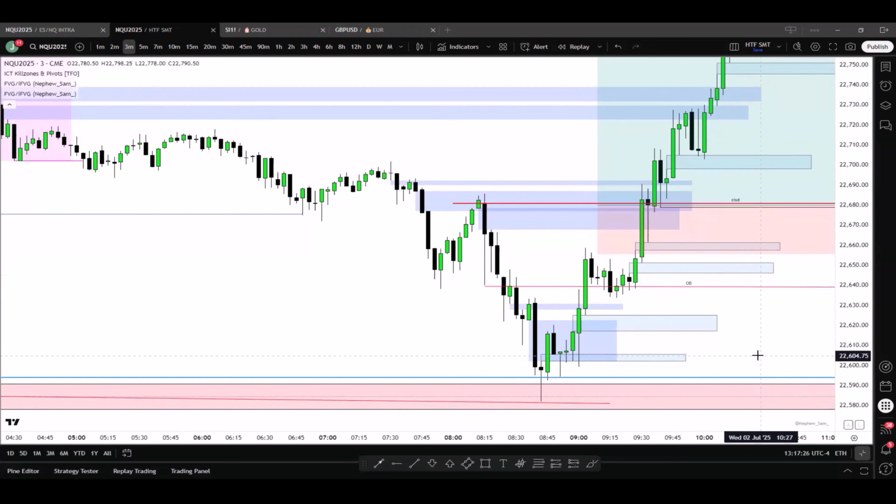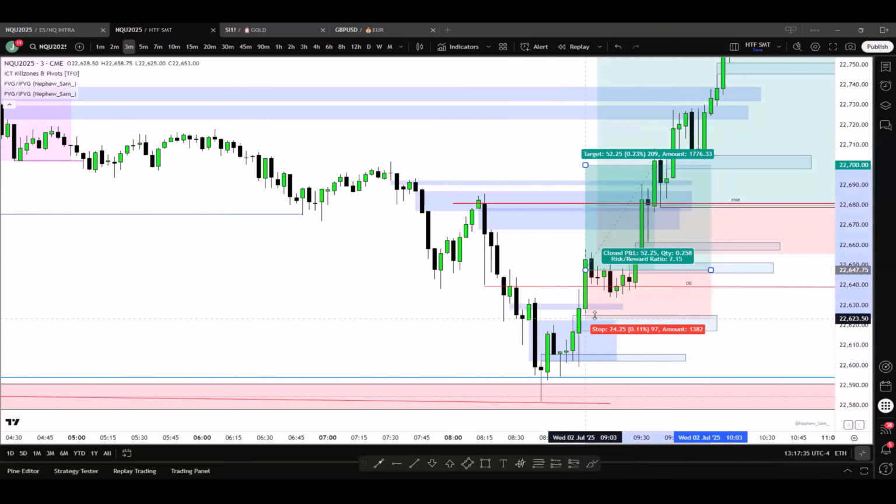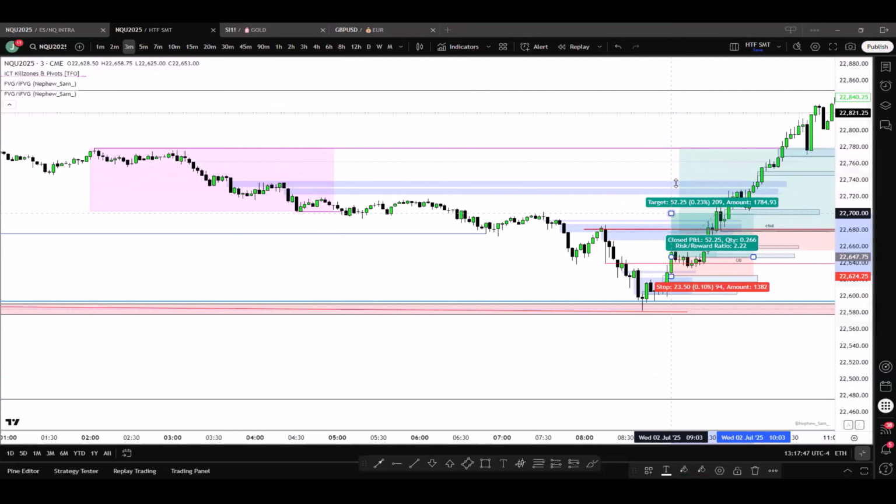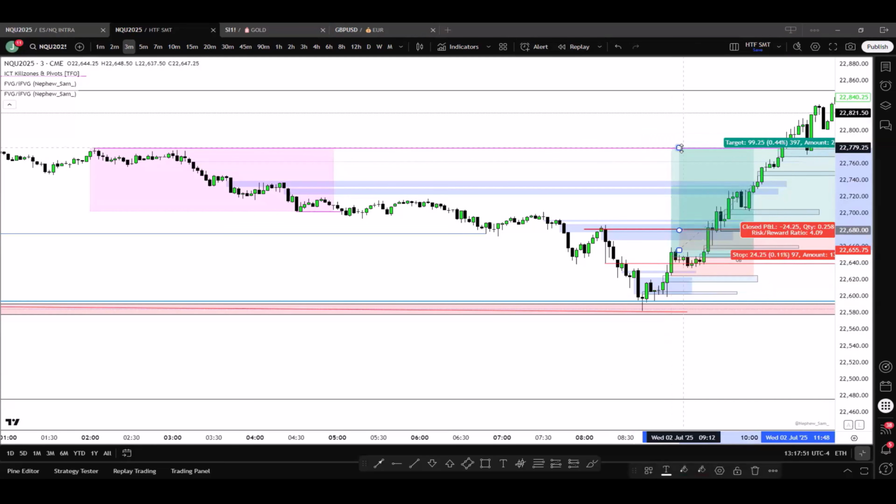It didn't matter to me anymore because now we have this fair value gap. Now I can have my stops here, right below this candle. It doesn't need to be below this fair value gap. It needs to be below this inverse fair value gap. Nice. Yeah, and that way the move up to London was about 5 to 1, 6 to 1, 5.5 to 1.